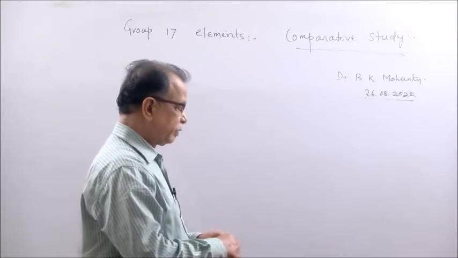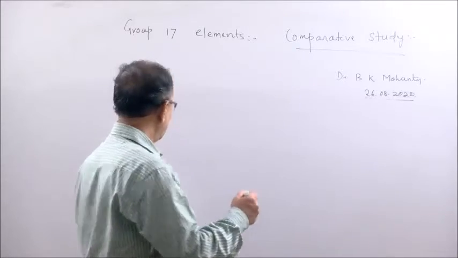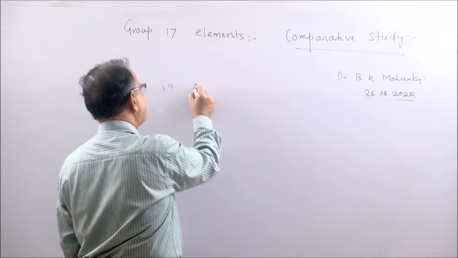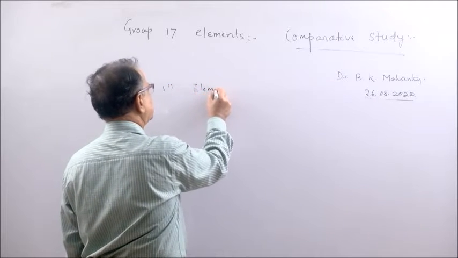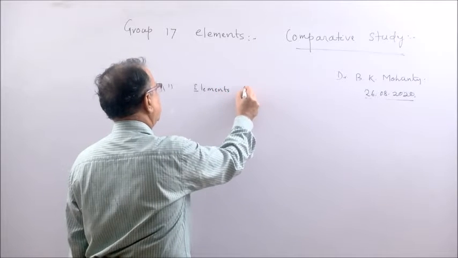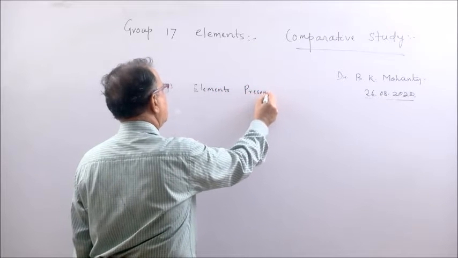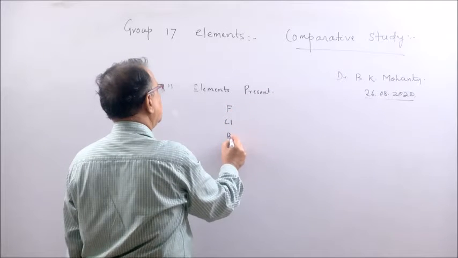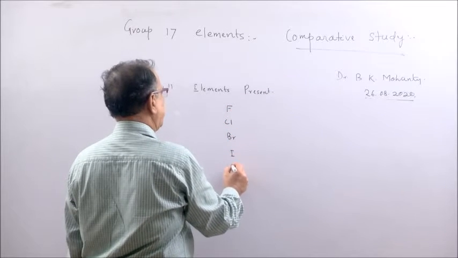First, the elements present in group 17: fluorine, chlorine, bromine, iodine, astatine.